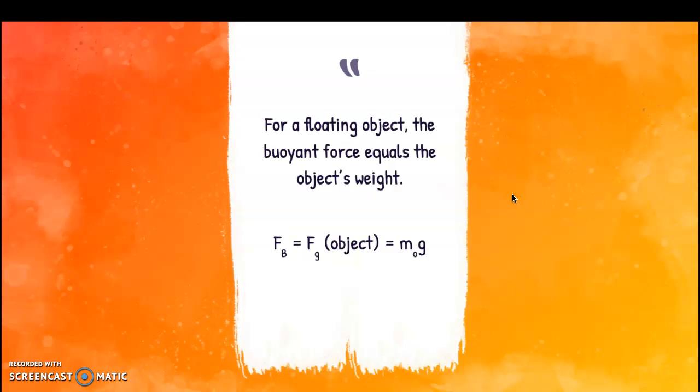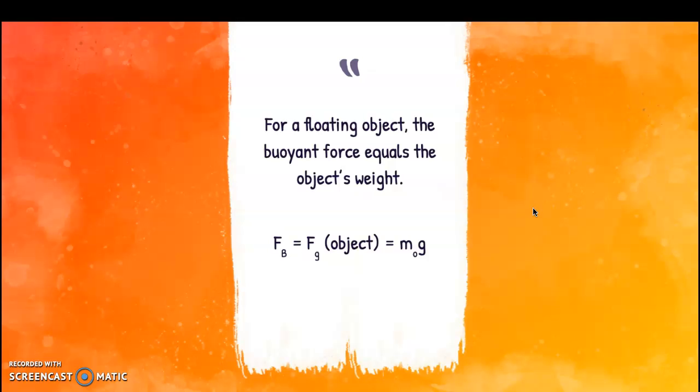Something intervened, and eventually the buoyant force did not match the force of gravity. Gravity still pulled down just as hard, but the buoyant force couldn't keep up because of a big hole in the hull, and the Titanic sank. But as long as they're equal, an object will float.